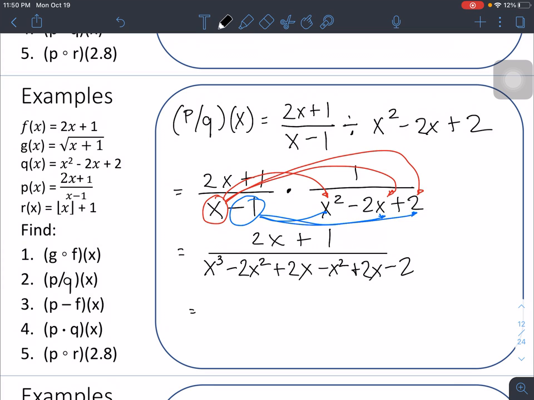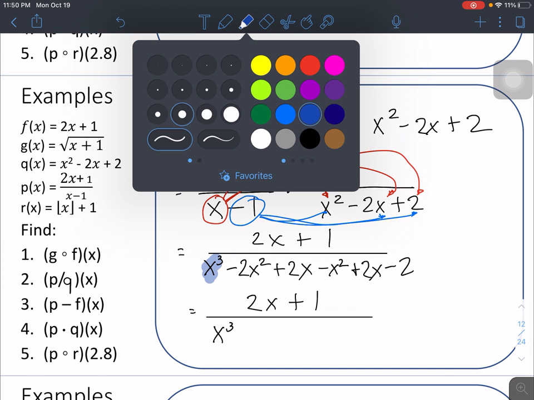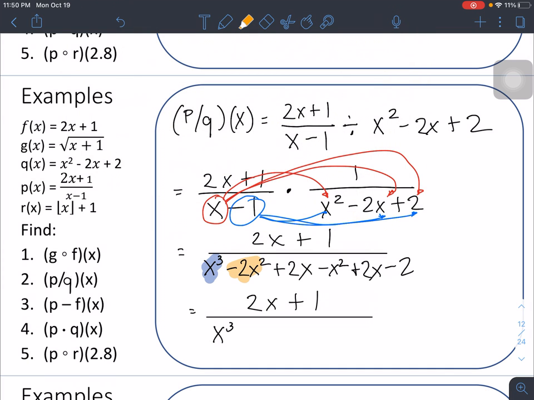Then, combine like terms. So I have 2x plus 1 all over x cubed. Next will be all the x squared. Negative 2x squared and negative x squared will be negative 3x squared. Next one will be all the x's. So we have 2x and 2x will be 4x. Then negative 2.